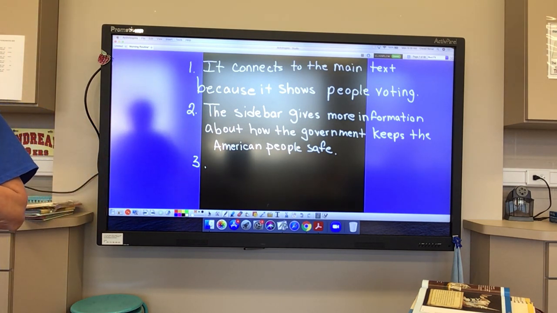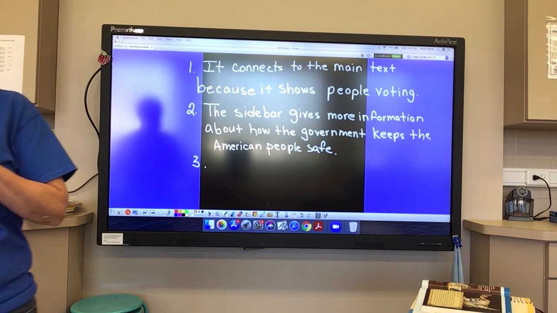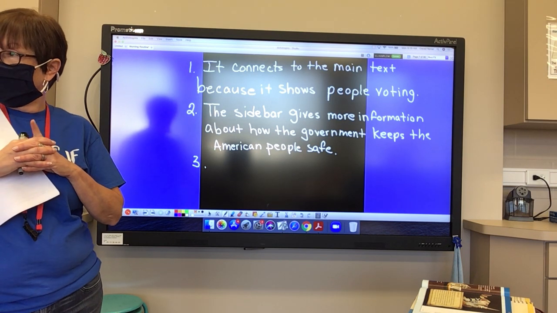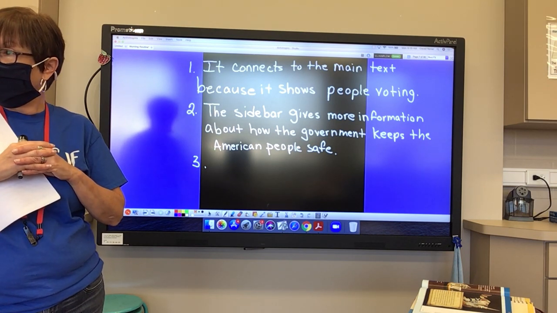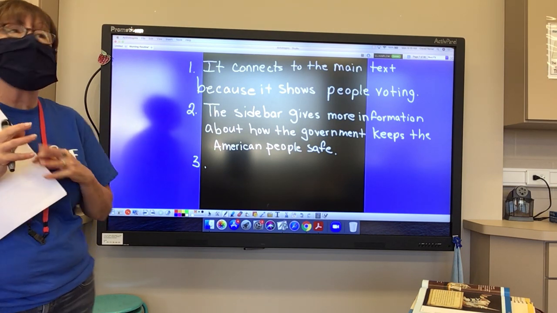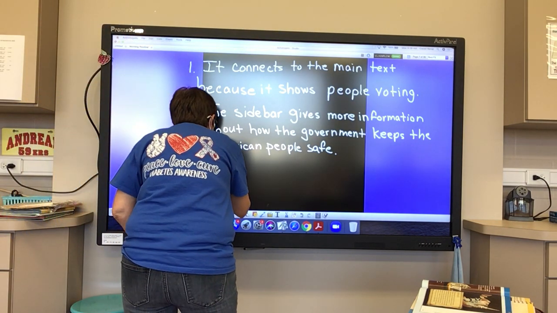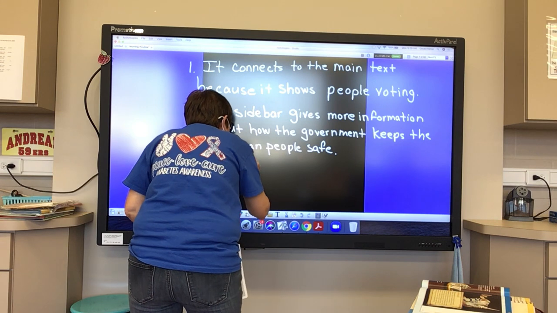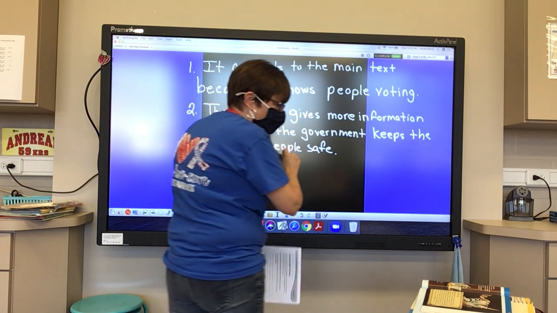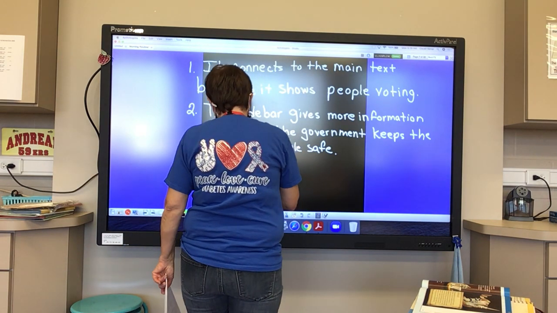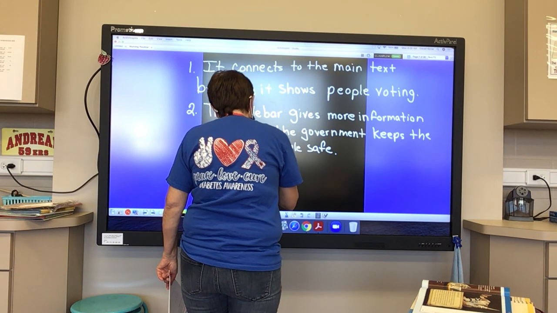Teddy? The labels tell us what the text is talking about. Yes, and what precisely is the text talking about? All the branches of the government. And how many are there? 3. The 3 branches of government. So that is what that is telling us. So we're going to write down the 3 branches of government. The labels tell us the 3 branches of government.